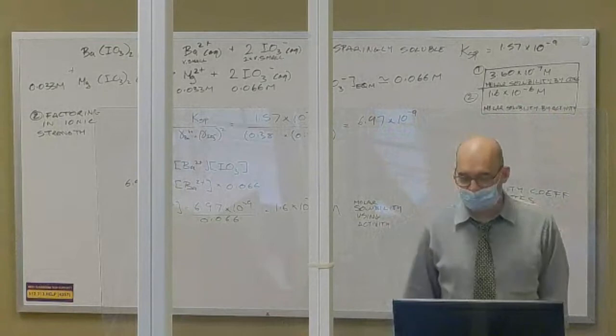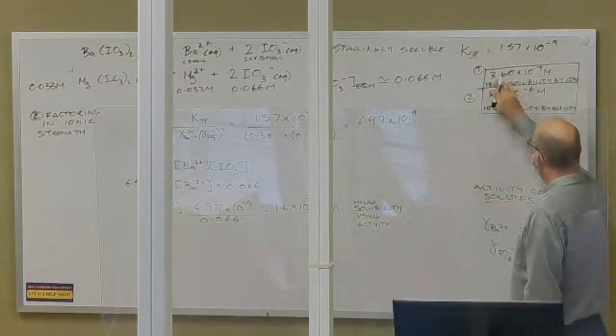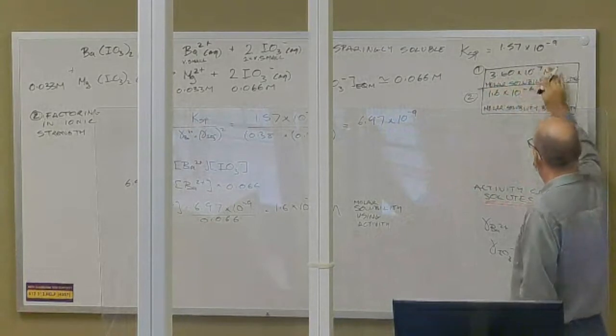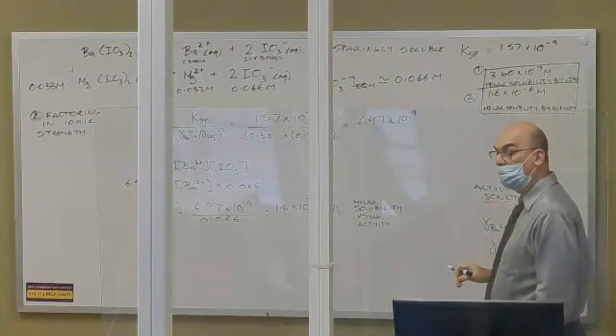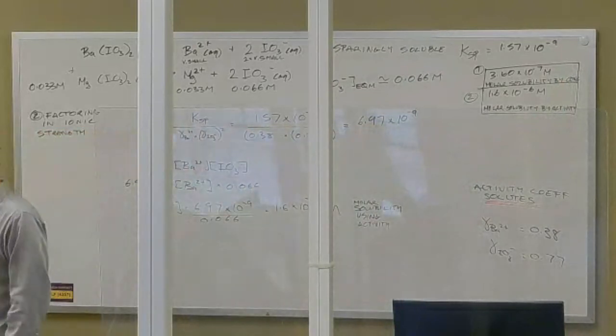So if I'm ignorant to the fact that activity exists, I predict that there are 3.6 times 10 to the negative 7 moles of barium dissolved in every liter.